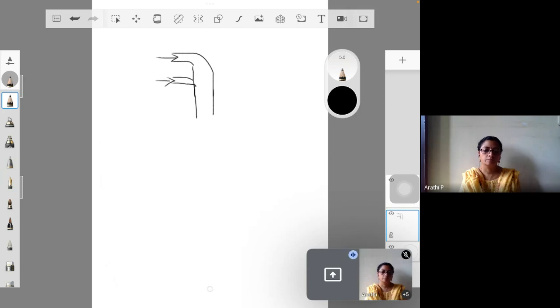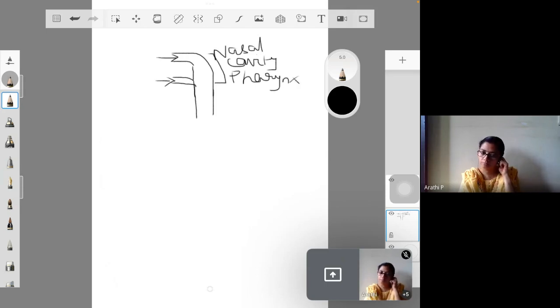So, this is the nasal cavity. From here till here will be the pharynx. And then once the esophagus also joins, after this is called the larynx.